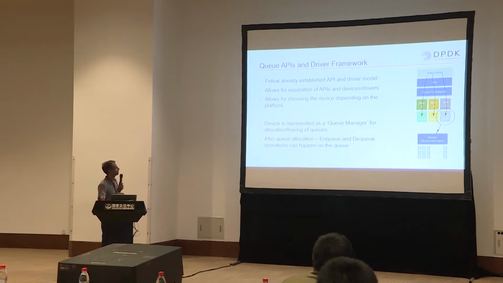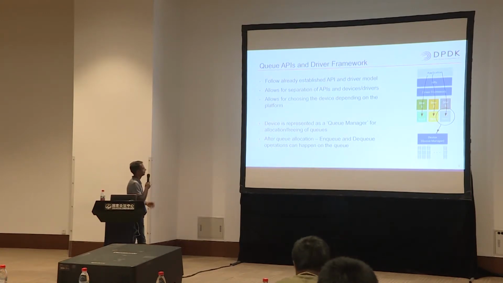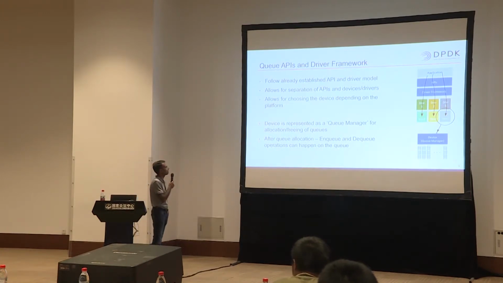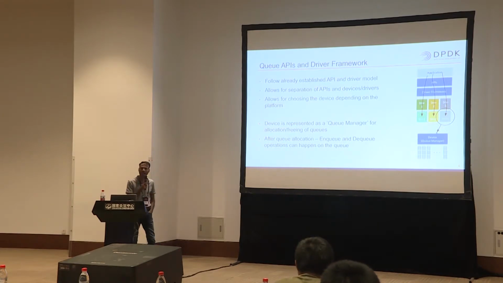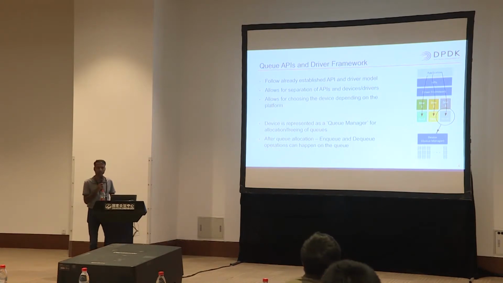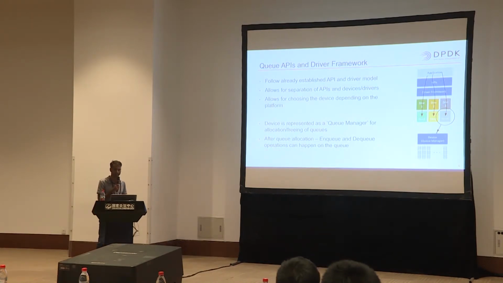So just coming to the design, there's already an API and driver model well established in DPDK. I think we can follow the same model for the Q APIs as well. This allows us to separate out the APIs. The application will be written for these APIs, and then the implementations will plug into the driver.